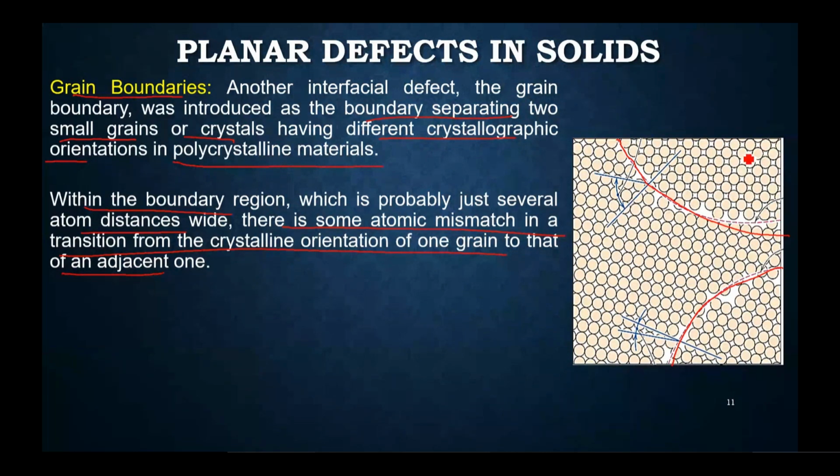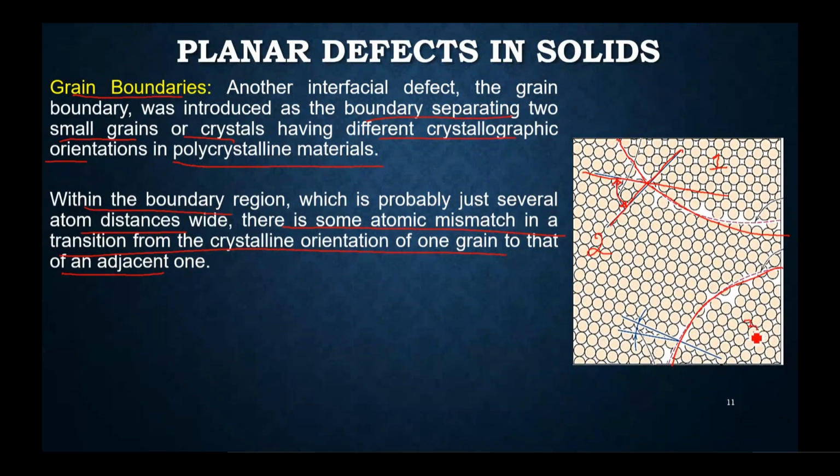Within grain number 1, you have the atomic orientation in this direction, and within grain number 2, in this direction. Between these two orientations, you have an angular mismatch.